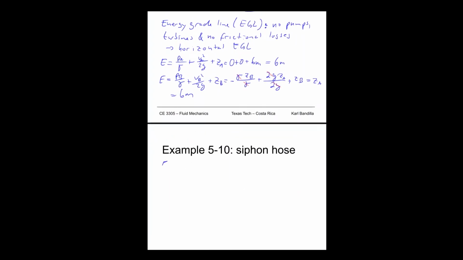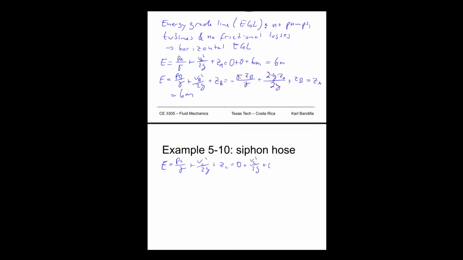So we can say for E at point C, right, we'd have PC over gamma plus VC squared over 2G plus ZC. What do we get there? Well, we get no pressure at C. We get our velocity, so VC squared over 2G.